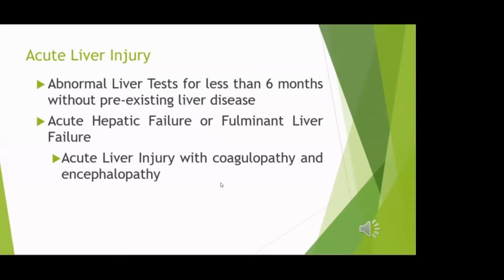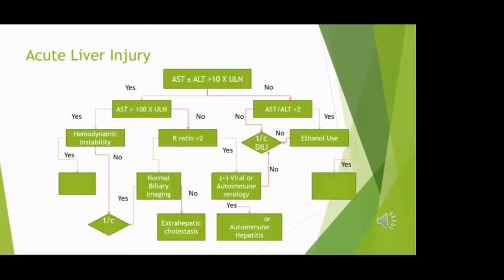Acute liver injury with coagulopathy and encephalopathy is usually seen. Okay, so this is an algorithm for acute liver injury, and this is usually what we do.